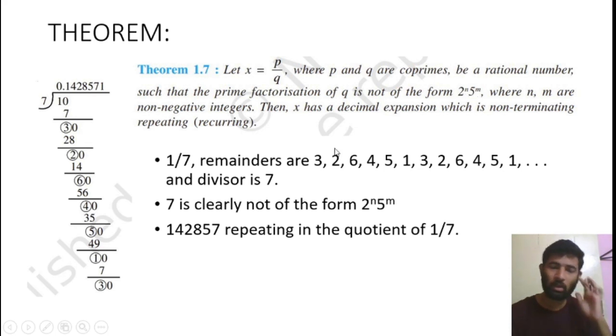Now as we can see, the remainders are 3, 2, 6, 4, and so on, repeating, and the quotient is also repeating, and the remainder is never 0, so this division will never stop. This proves that p by q, where q is not of the form 2 power n into 5 power m, cannot be a terminating decimal expansion. It has to be a non-terminating, repeating, recurring decimal expansion.